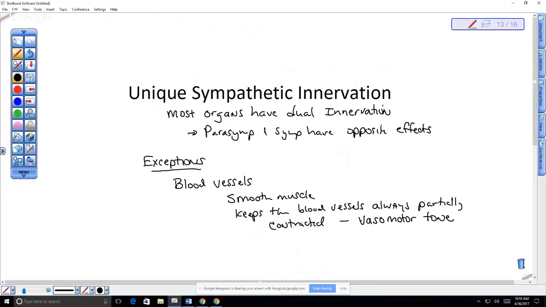So if you're going to cause vasoconstriction, you just send more action potentials out to the blood vessel. If you're going to cause the blood vessel to dilate and relax, you would send fewer action potentials out to the smooth muscle.